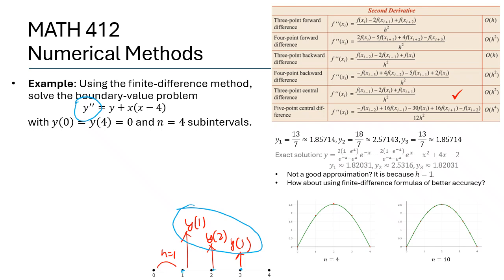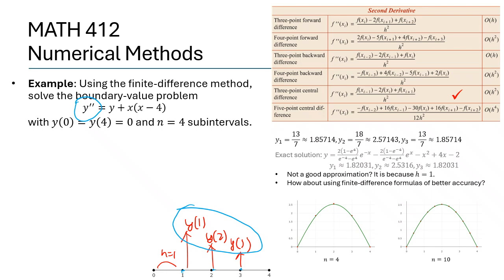Here we only have 3 points. Okay, let's look at this table and see which one we will like. First, we want a formula that could be applied to as many points as possible, if not all points.